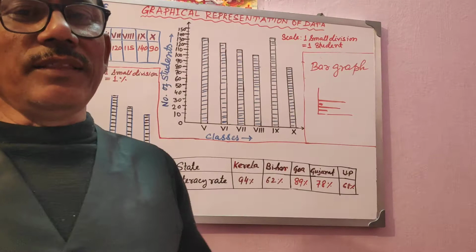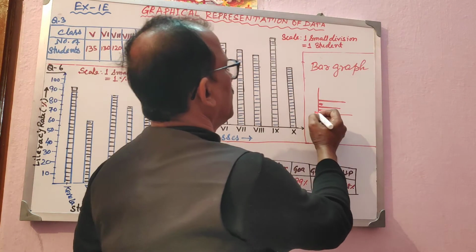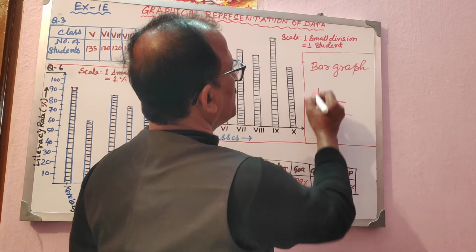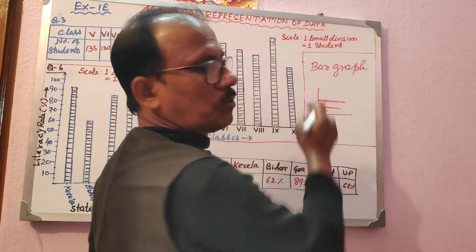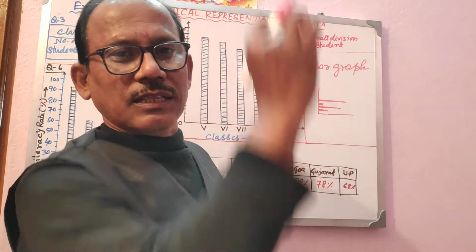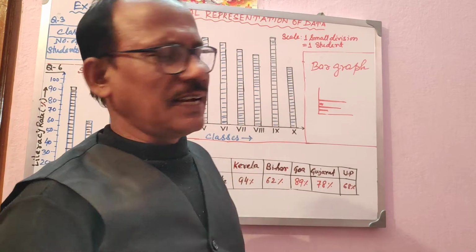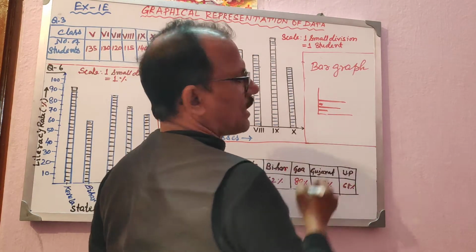Why are these two differences there? When you are scaling frequency on the vertical axis, it will be a column graph, where the bars are vertical and standing on the horizontal axis.